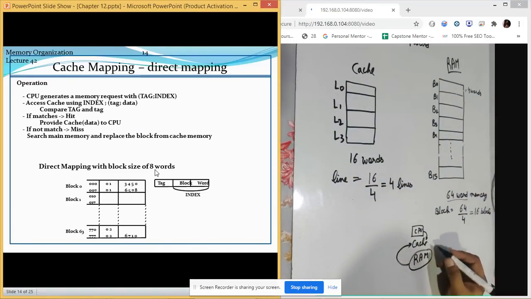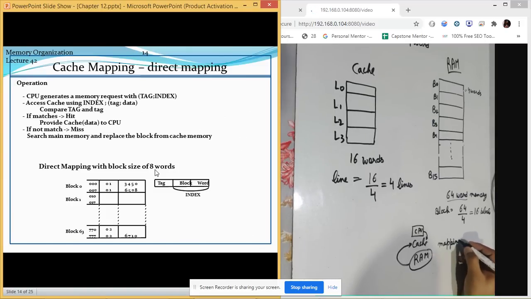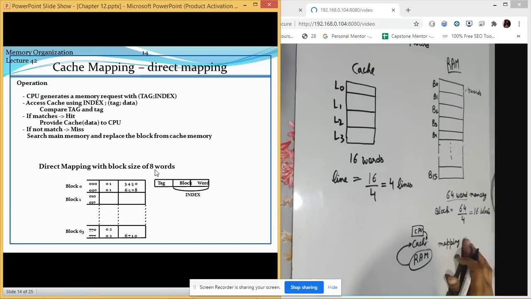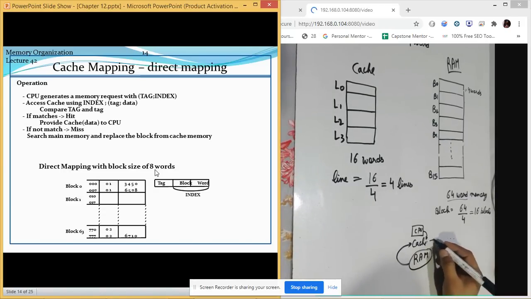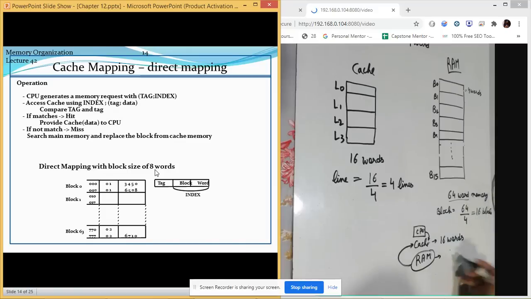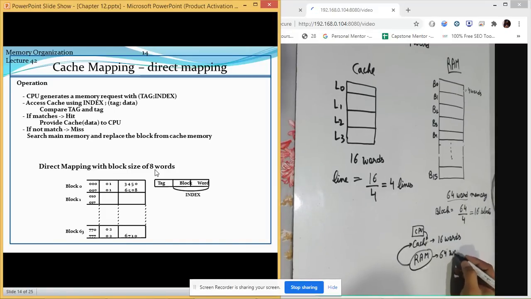So now we need to have a mapping scheme. We need to know which data is to be shifted to what place inside the cache. The first problem was mapping, and the second is the size: the cache is only 16 words, whereas the size of our RAM is 64 words.